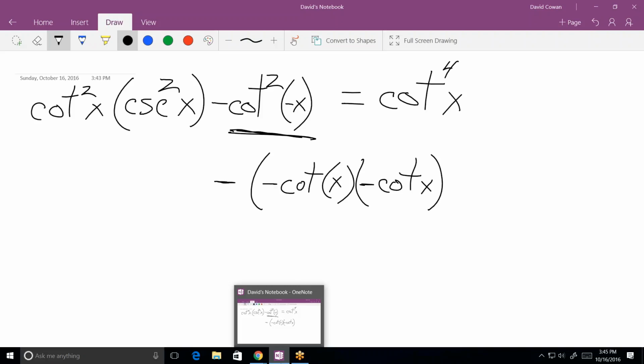Cotangent of minus x is minus cotangent of x. Now, when I square that, I get cotangent squared of x. So actually, that is the same as cotangent squared of x. That first minus sign still applies. Okay, let me erase the rest of it here.